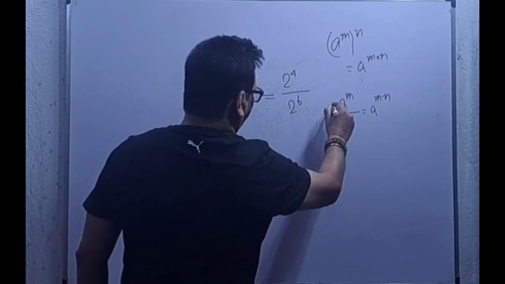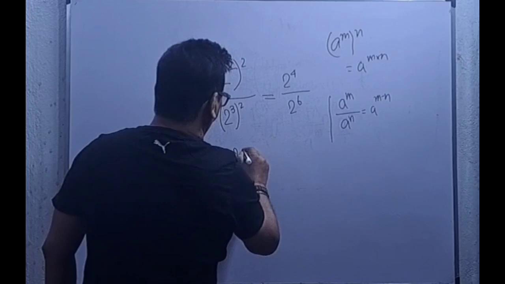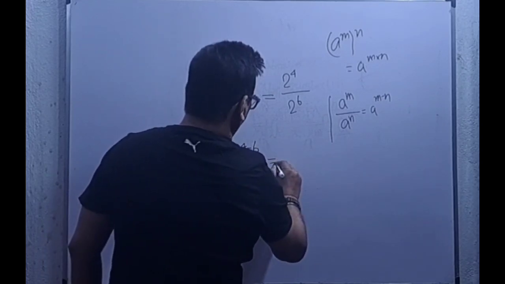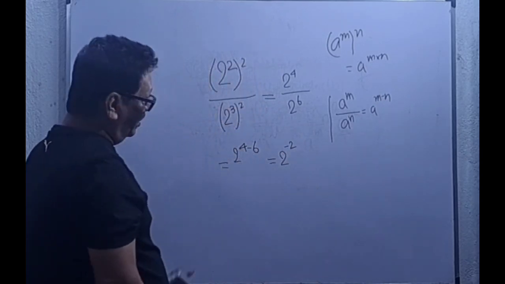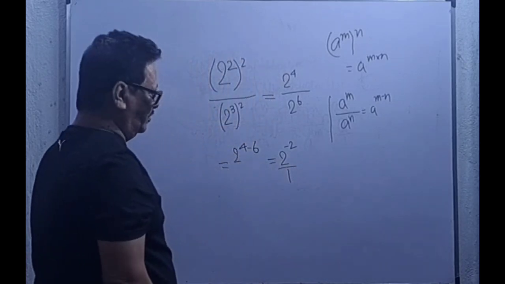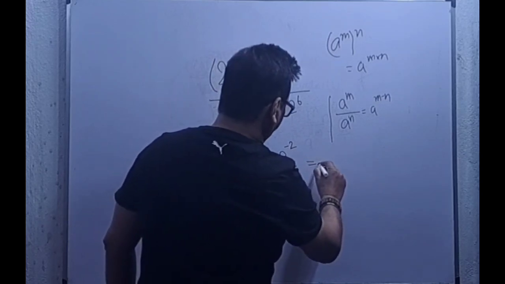Now see, if we apply this here, you get 2 to the power of 4 minus 6, which boils down to 2 to the power of minus 2, right? What is the meaning of it? This is divided by 1. You can always write that. So this comes in the denominator.